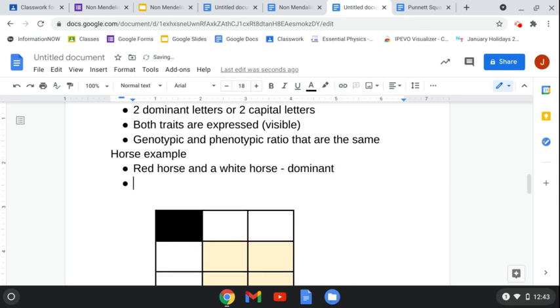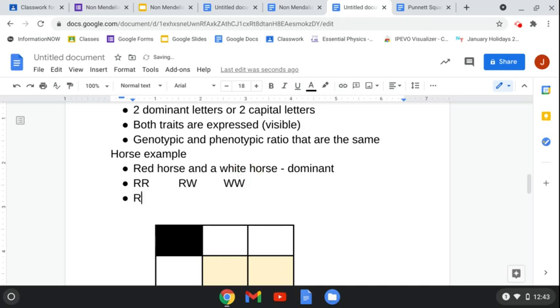So for my red horse, it's an R, so I'm going to have two R's, but my white horse is a W, so I'll have two W's. And then in the middle, my intermediate is going to have one of each color. Now in this example, big R, big W, this is what we call a roan-colored horse.